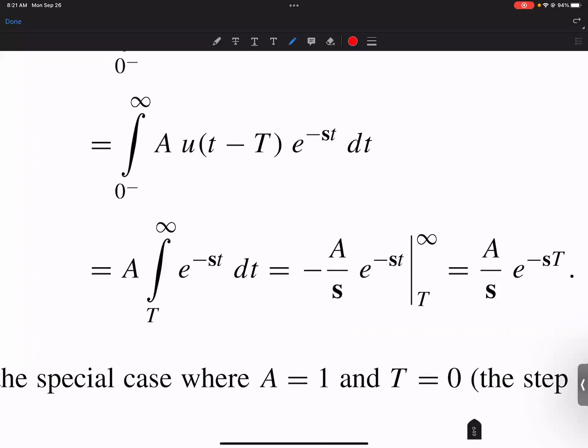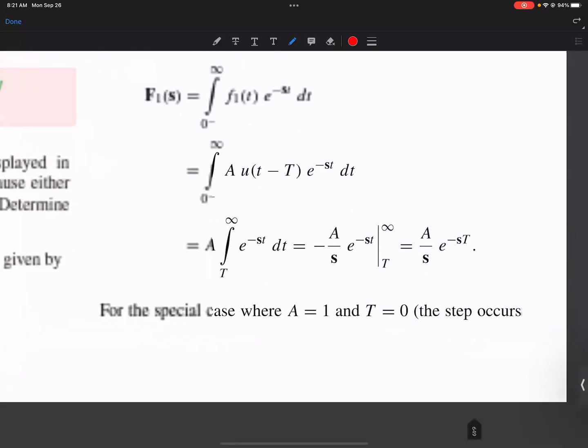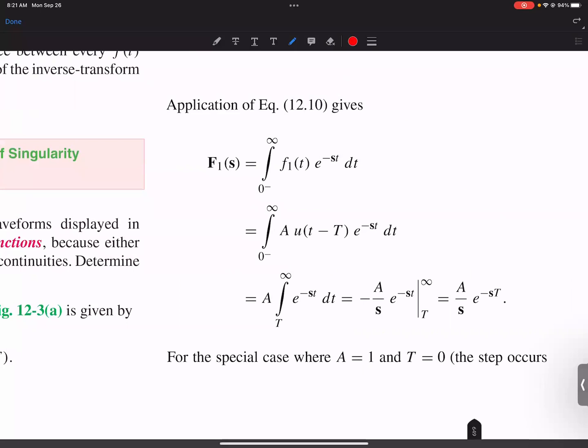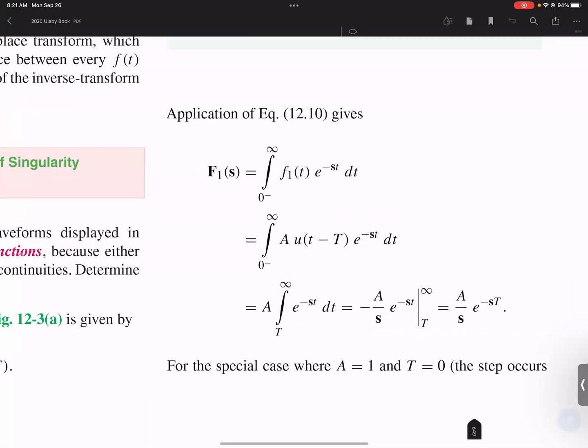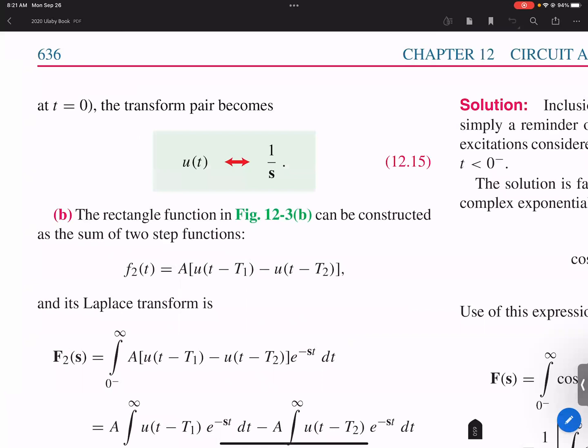So this is defined then as a over s, e to the minus st. So for u of t, that translates into becoming 1 over s in the s domain.